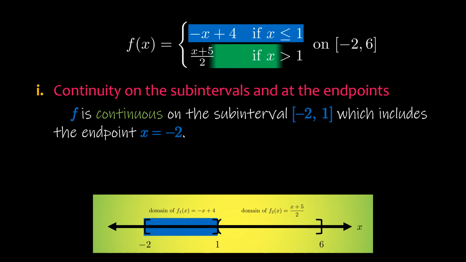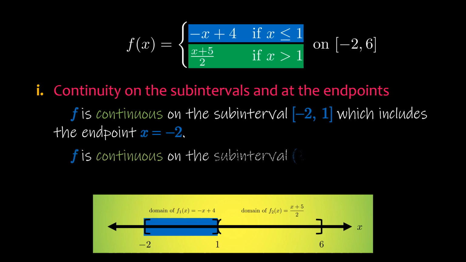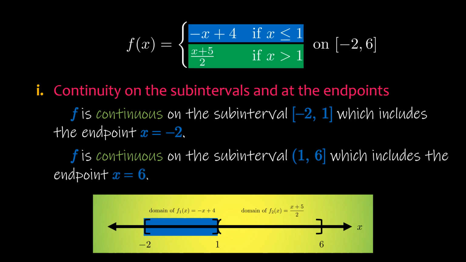F2 of x equals x plus 5 all over 2 is a polynomial, which is also continuous everywhere. Thus, f is continuous on the subinterval 1, 6, which includes the endpoint x equals 6.